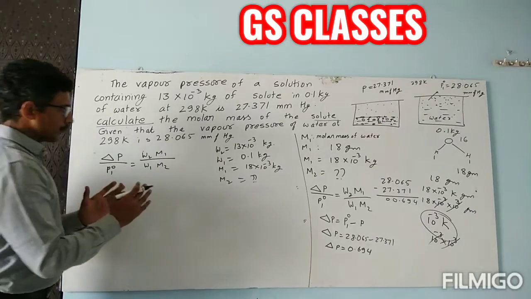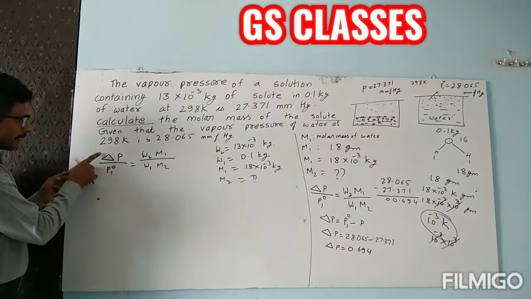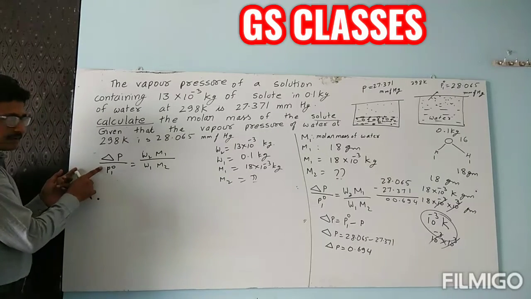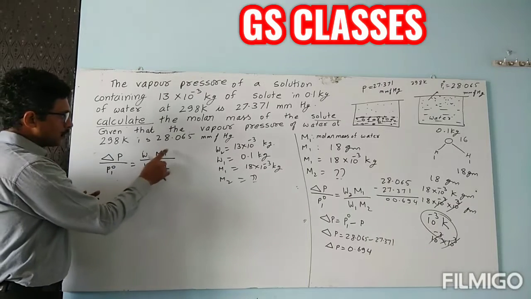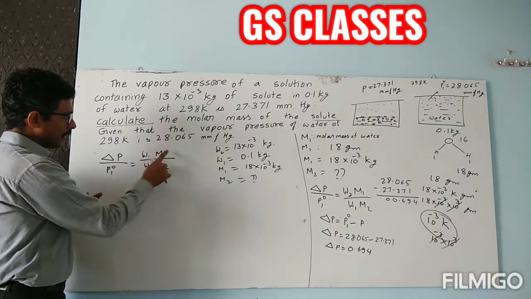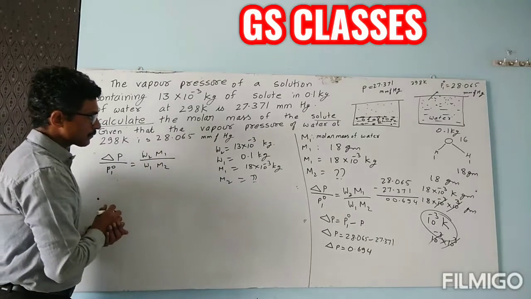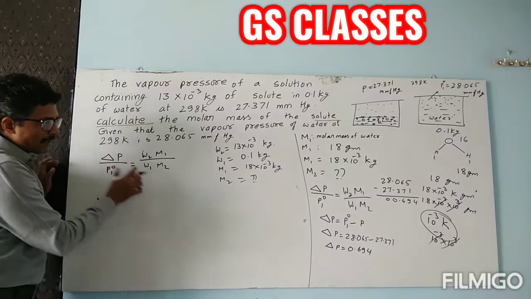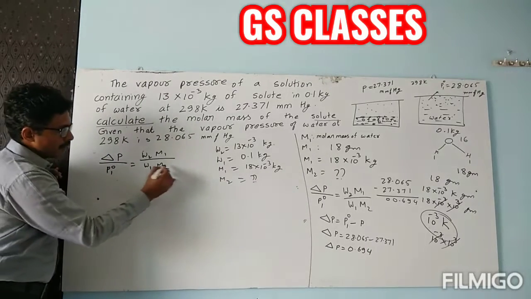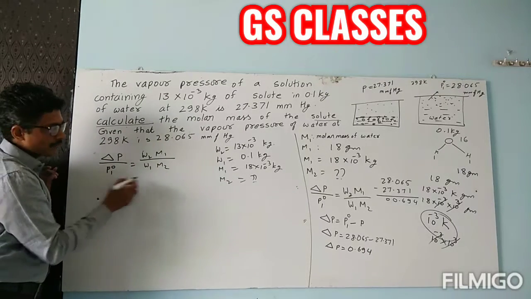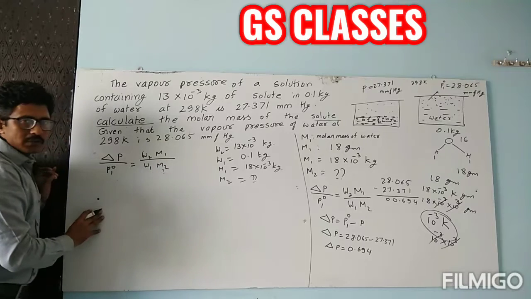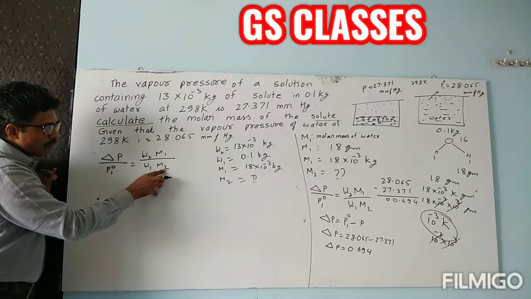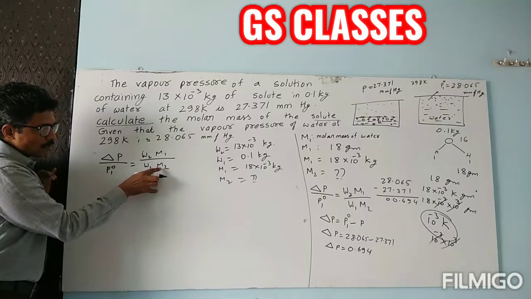Now children, we are writing delta P upon P1 standard equals W2 M1 upon W1 M2. Delta P already we have calculated, other values are known to us, only M2 is under the question mark. So I am taking M2 to this side.